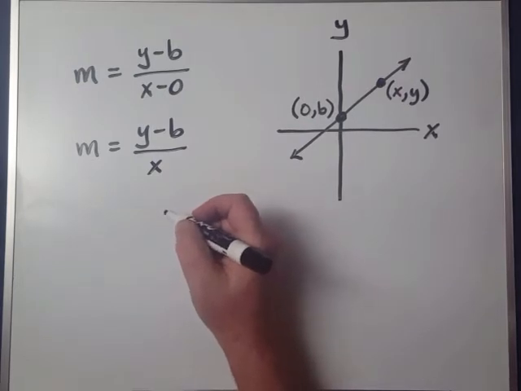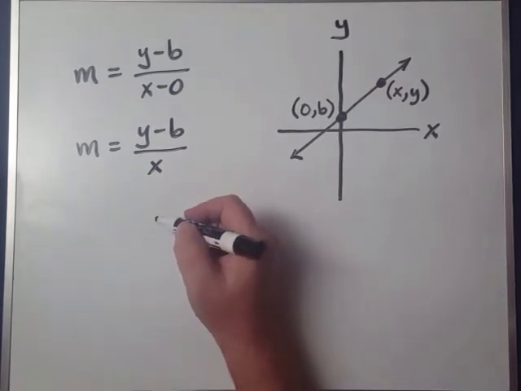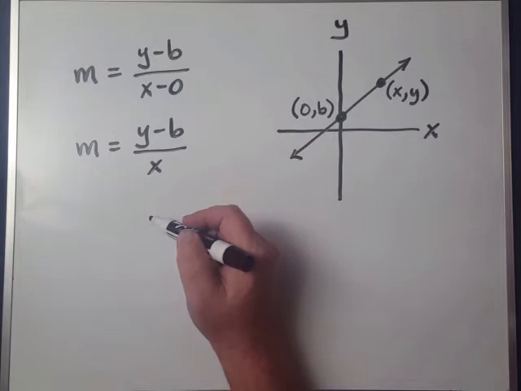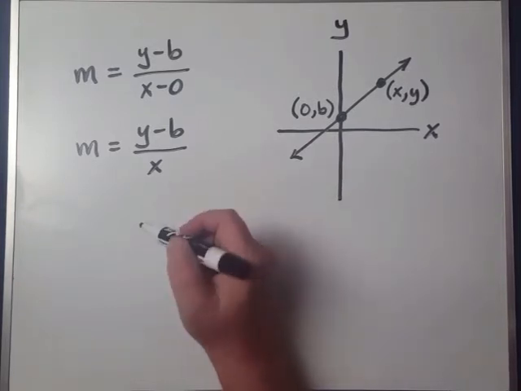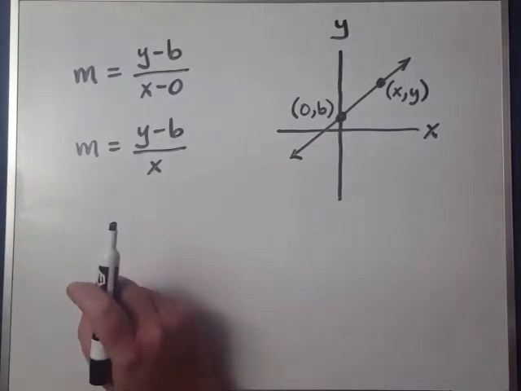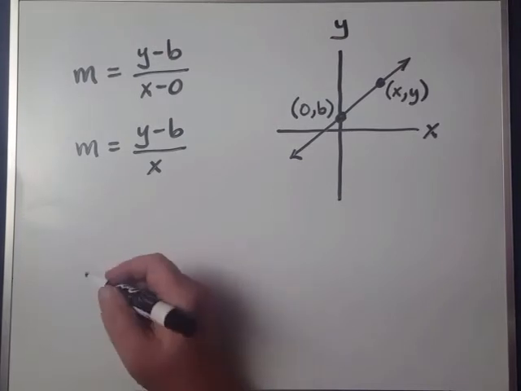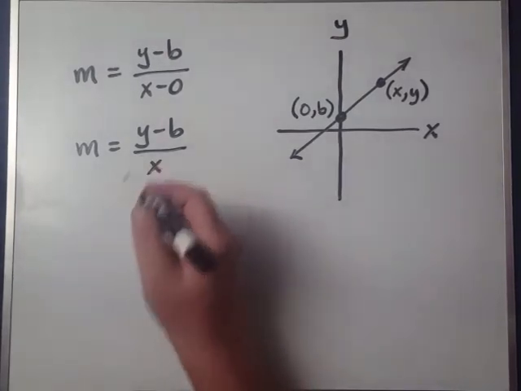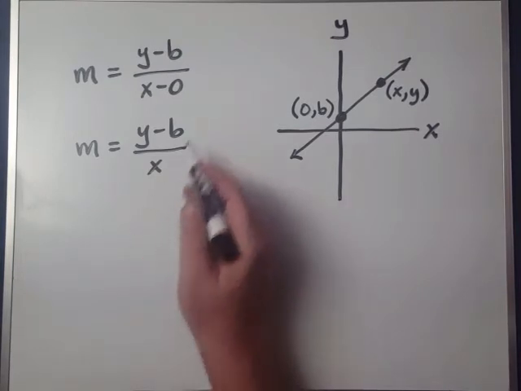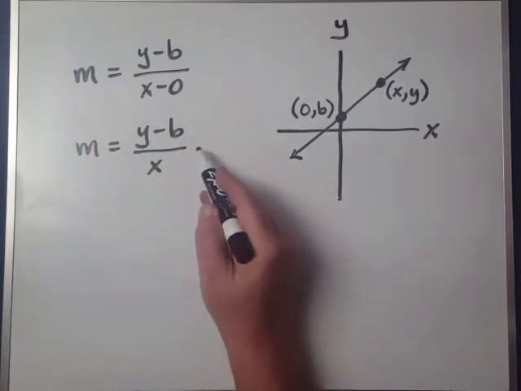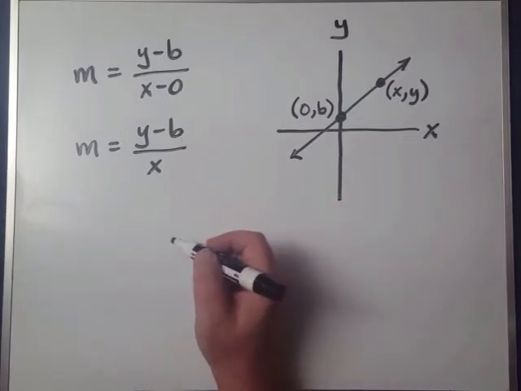We discovered in the last section that if we have an equation in two variables, a linear equation in two variables, solved for y, that the coefficient on x will be the slope. Let's see what happens when we solve this equation that we now have for y.